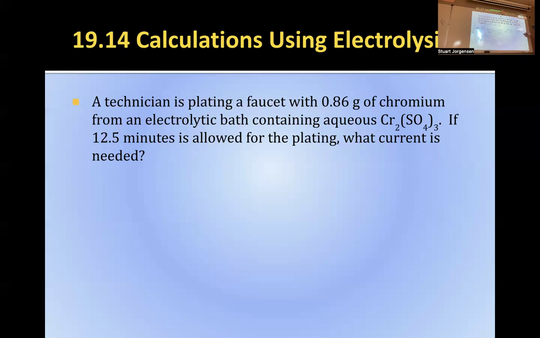We know coulombs, we know kind of time. The problem is amps is measured in coulombs per second. So we've got to change this into seconds. That number times 60?